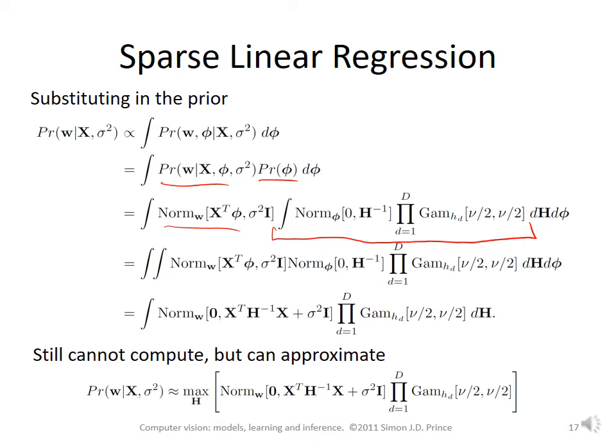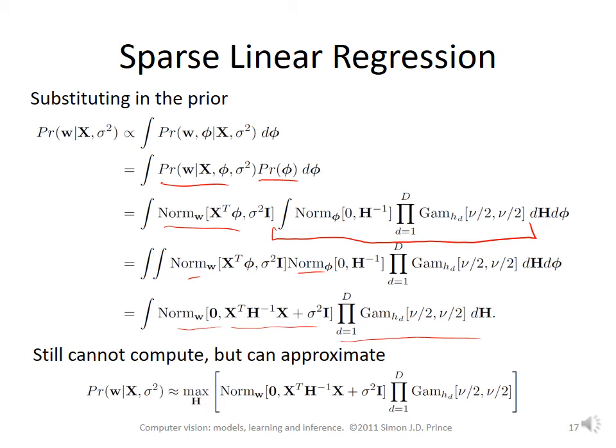Now, when we multiply the normal times the normal, we can rewrite that as a new normal distribution on w, and we still have our product of gammas as the second component. We still can't conveniently solve for our model parameters through a closed form.